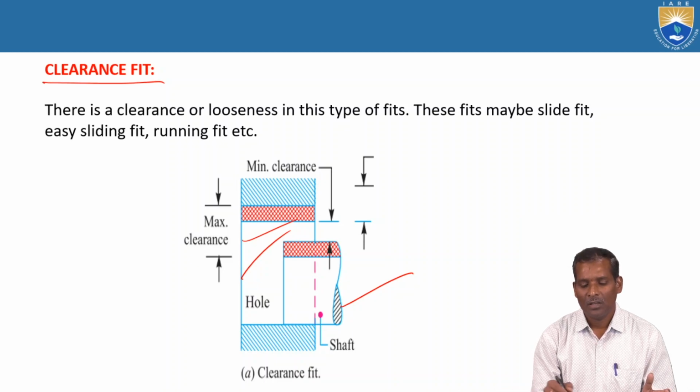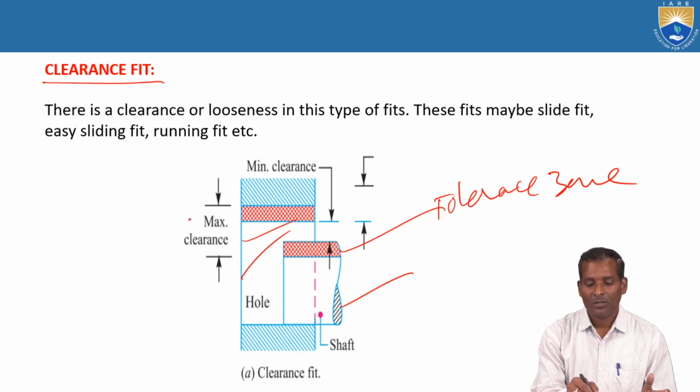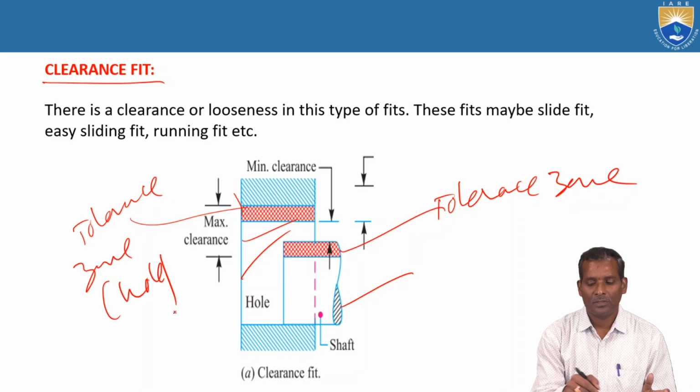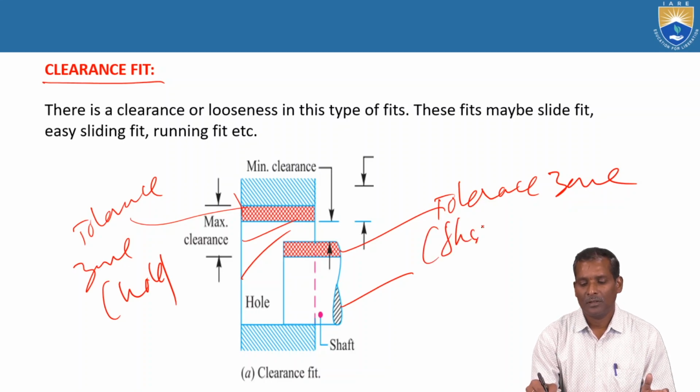It means the shaft tolerance zone is always less than the tolerance zone of the hole. This is hole, this is for shaft. These types of fits are called clearance fit.